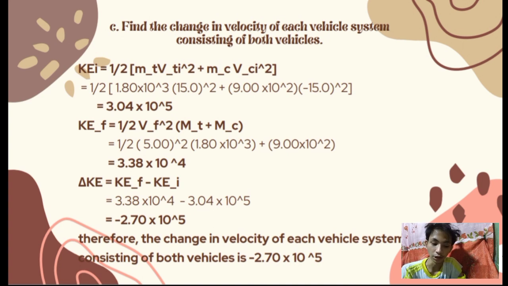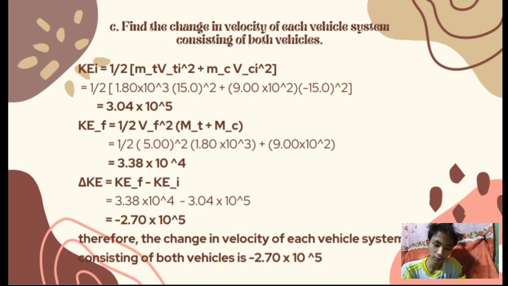Ngayon, sa pangalawa naman tayo. Sa kinetic energy, final kinetic energy naman tayo is 1/2 multiplied by the final velocity squared multiplied by mass of truck plus mass of car, equals 1/2 multiplied by 5 squared multiplied by 1.80 times 10^3 plus 9 times 10^2, equals 3.38 x 10^4 joules.